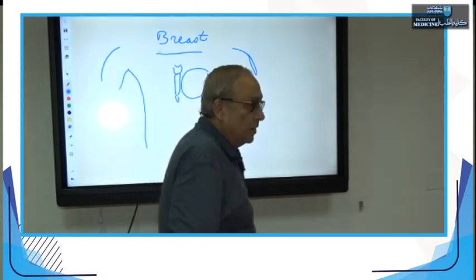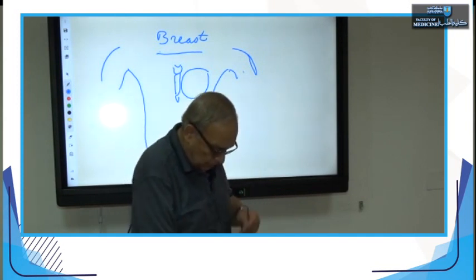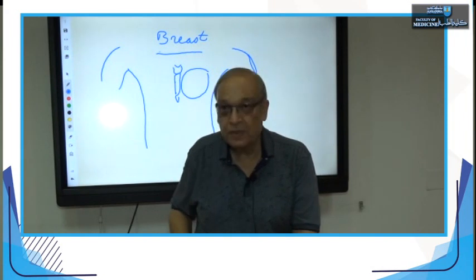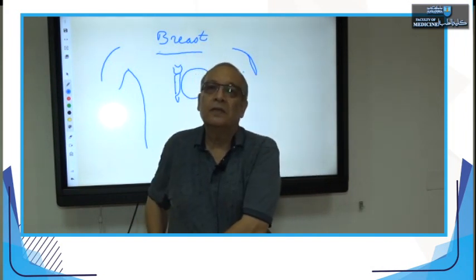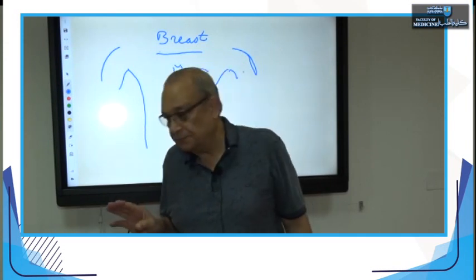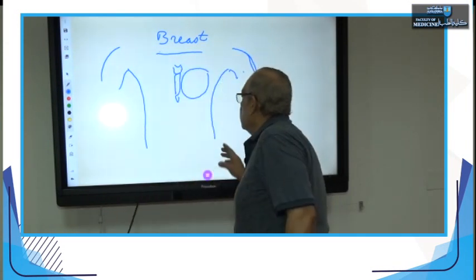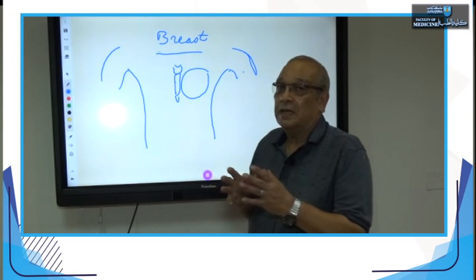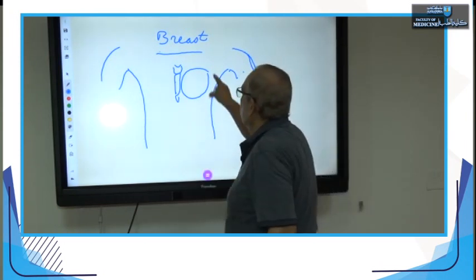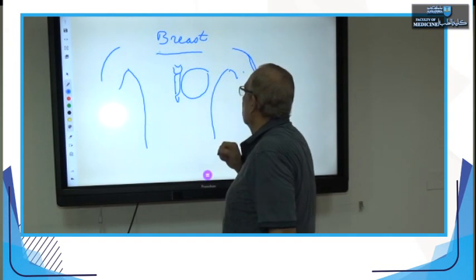The breast is mainly formed of fat, the fatty layer of superficial fascia, which is covered by skin. And its shape looks like a hemisphere. As I told you, it occupies the pectoral region.